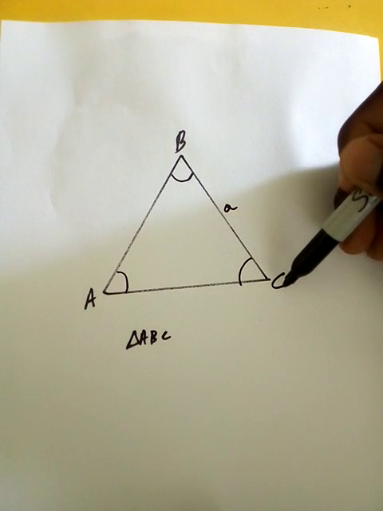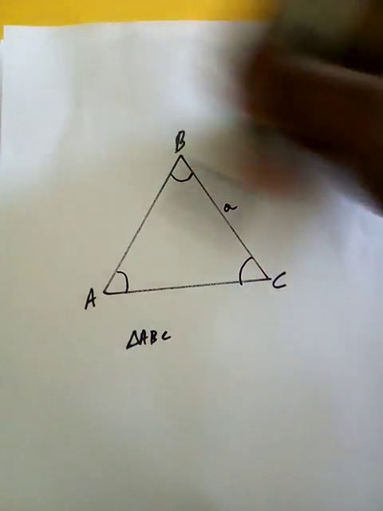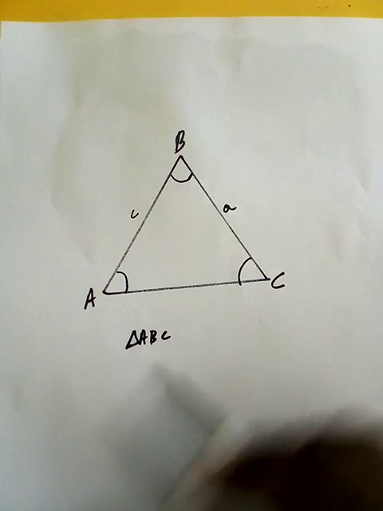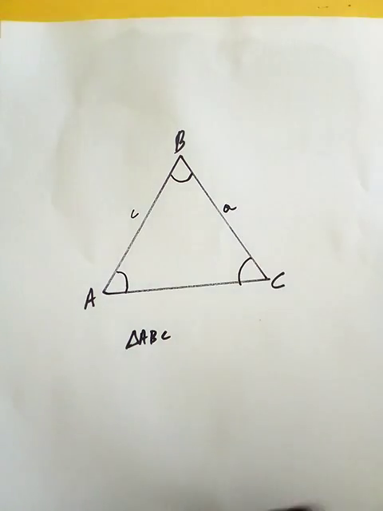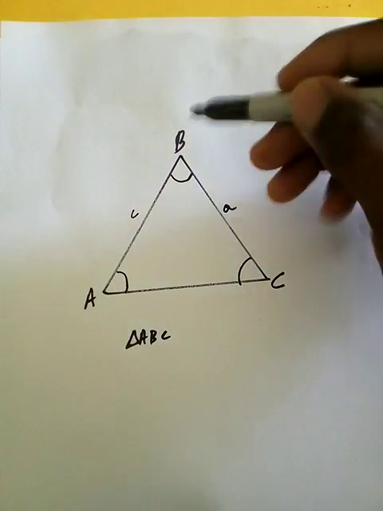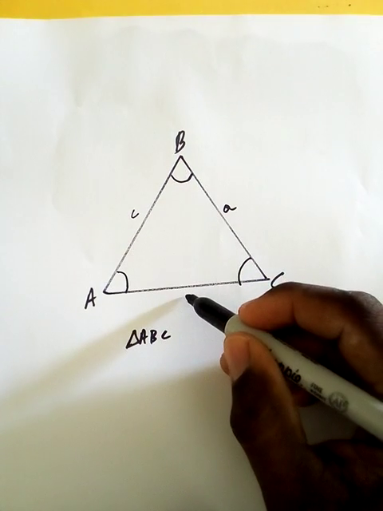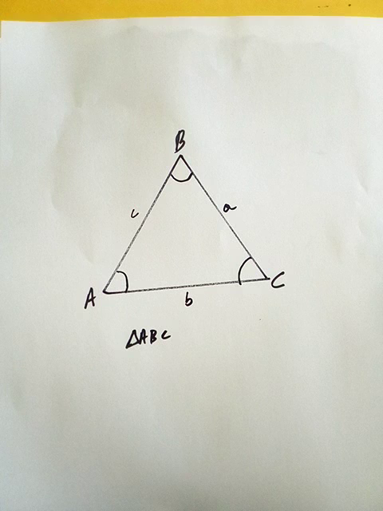Hence, if this angle here is C, then the side opposite to it we can call lowercase c. So we can name sides with two capital letters or one lowercase letter. And if this angle here is B, then the side opposite to it is called lowercase b.